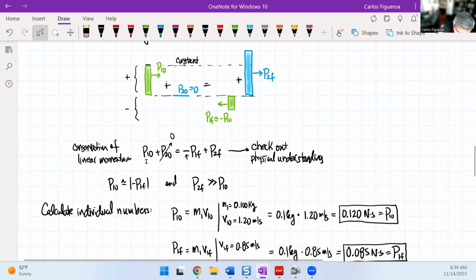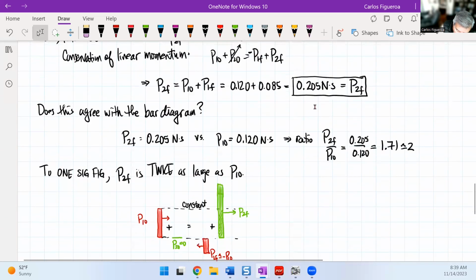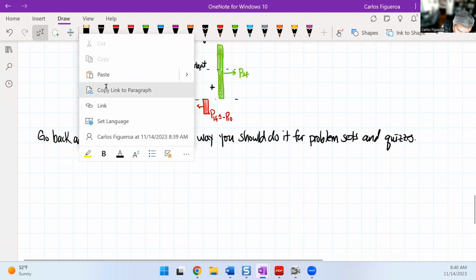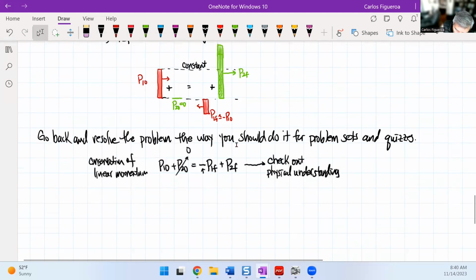And so what I'm going to do here is go right back to here. Using our bar diagram, this is what we wrote. So we don't want to check the physics anymore. We now just want to use a mathematical process.